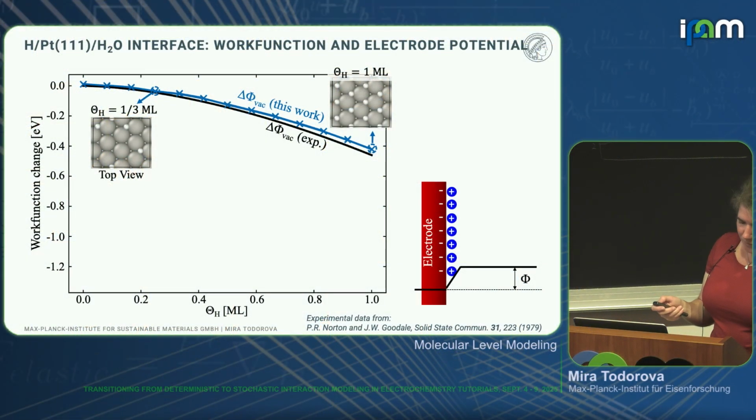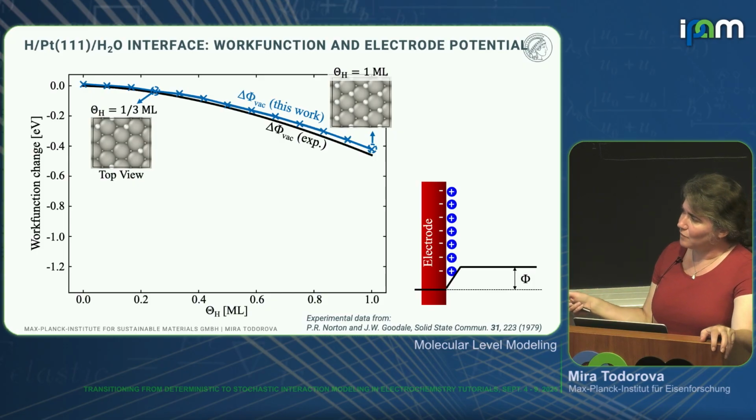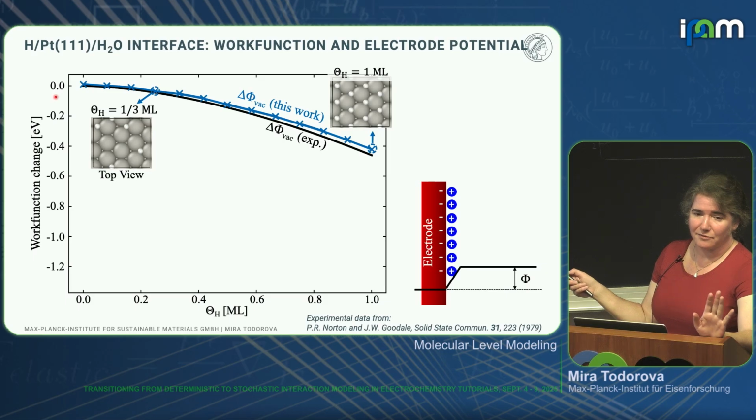Now, what we wanted to do, so now we did it without applying any potential, is look at the work function, which is equivalent to the electrode potential. What we do here is align so that my 0 is the work function of the pristine platinum 111 in vacuum.